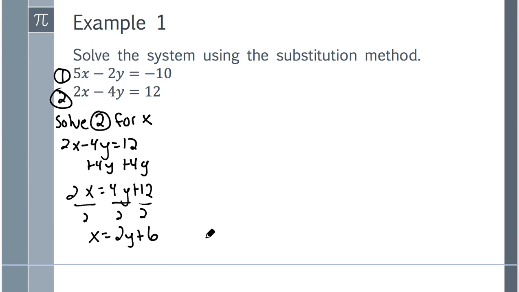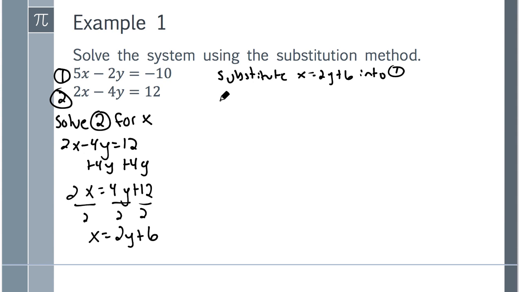Okay, so that's step 1. Now, step 2 of this process says to substitute what I just solved, so we're going to substitute x equals 2y plus 6 into my other equation, equation number 1.